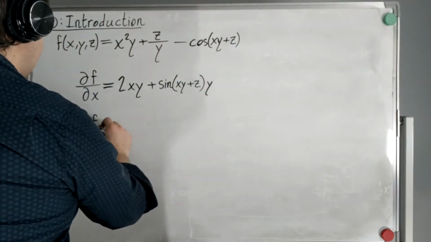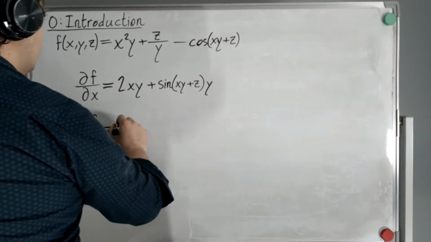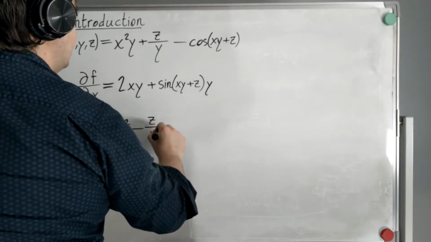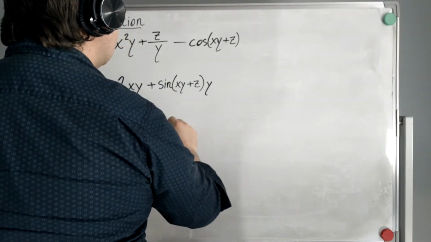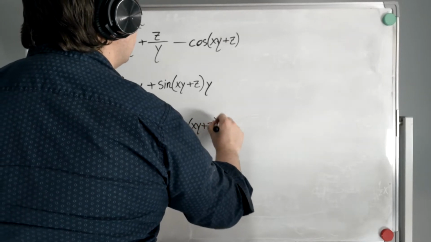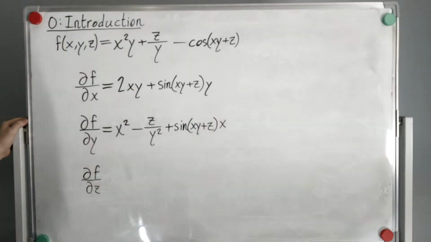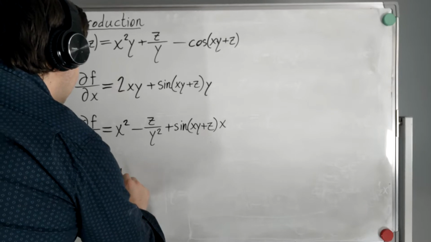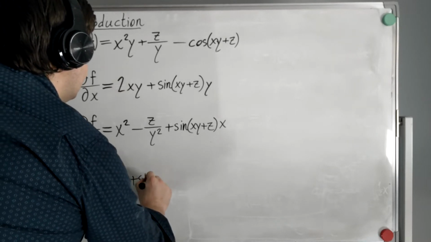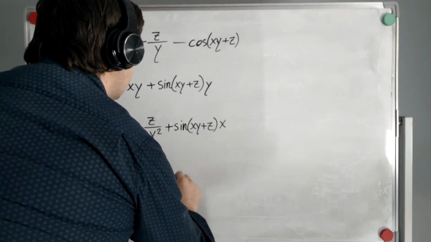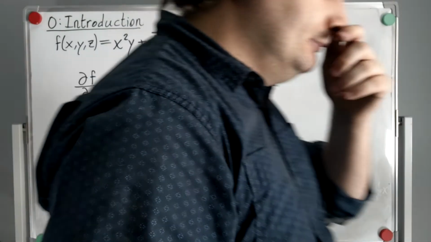With respect to y, the derivative is x squared minus z over y squared plus the sine of xy plus z times x. And with respect to z, the derivative is 1 over y plus the sine of xy plus z times 1.